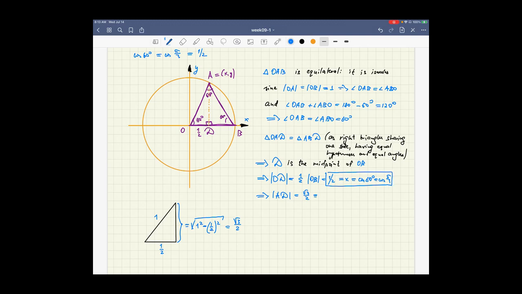And root 3 over 2 is the y-coordinate of point A, which is sine of 60 degrees or pi over 3.